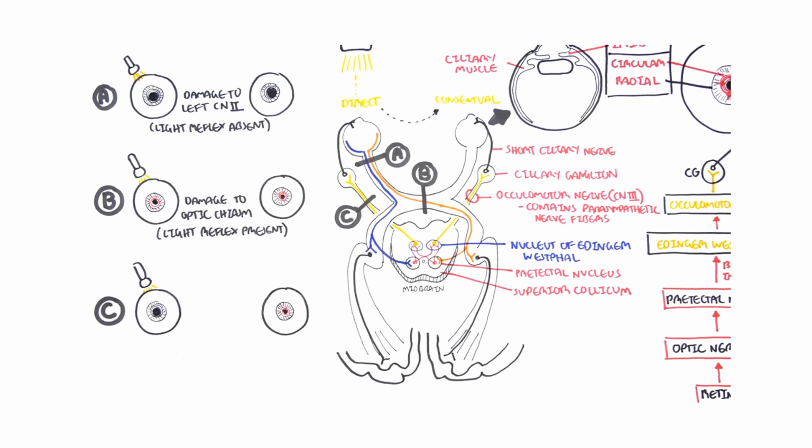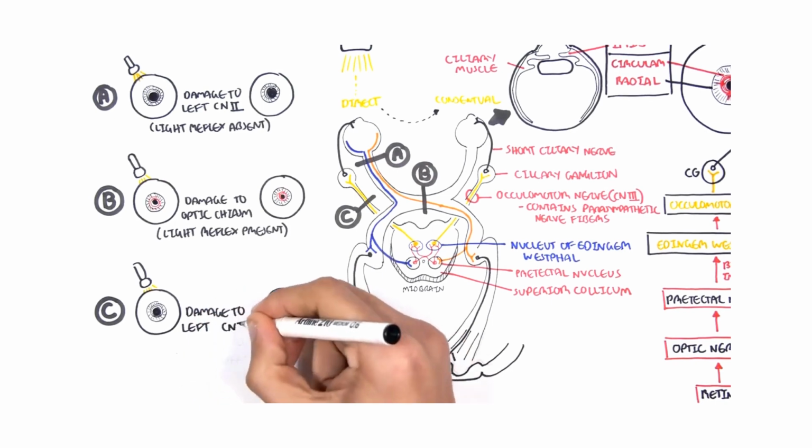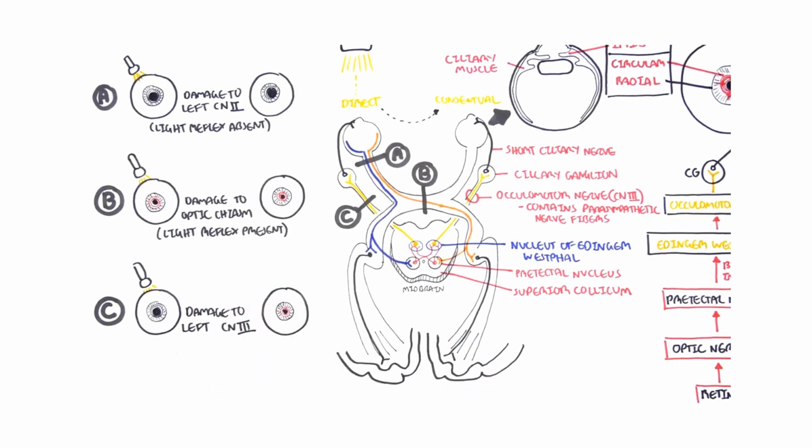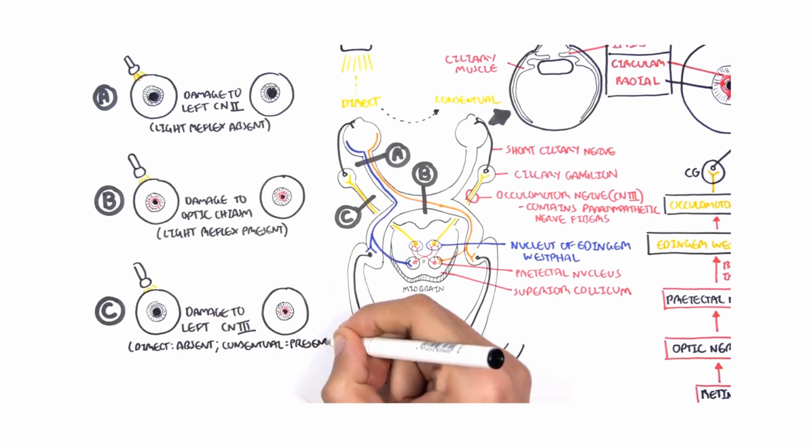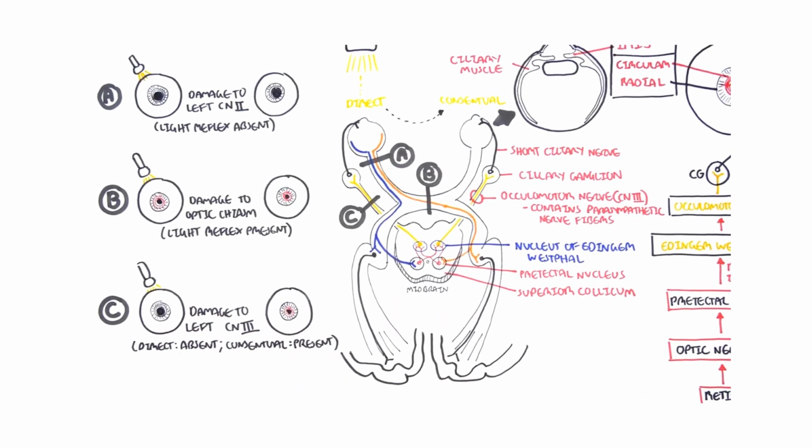And so damage to the left oculomotor nerve will result in the direct light reflex being absent, but the consensual being present. And so you get no constriction on the left side, but you have constriction on the right side. Because the left oculomotor nerve is damaged, but the right oculomotor nerve is still working.